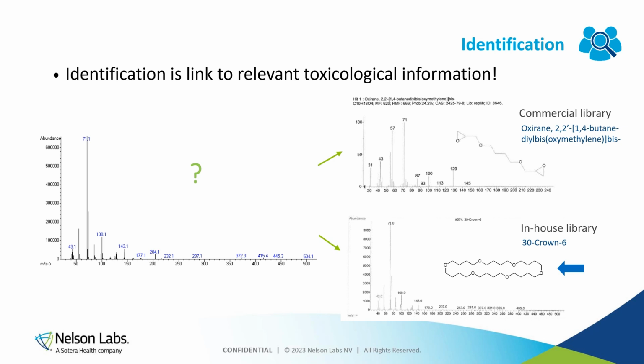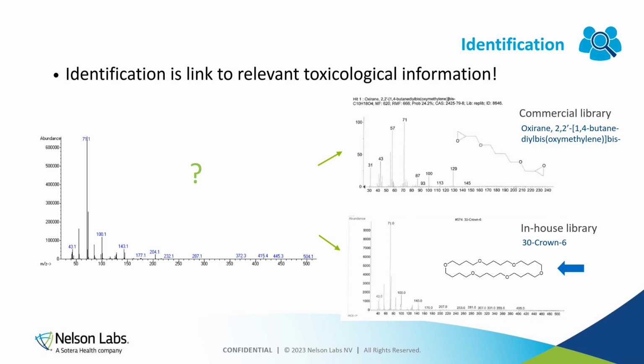With a commercial library, you will end up with the upper right component, this oxirane-like compound, but actually it's the lower compound, the crown ether, which is not in a commercial library, but we have this compound in our in-house library.